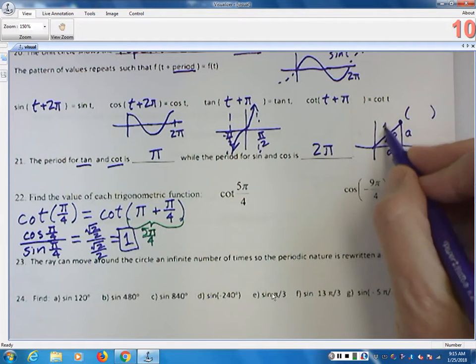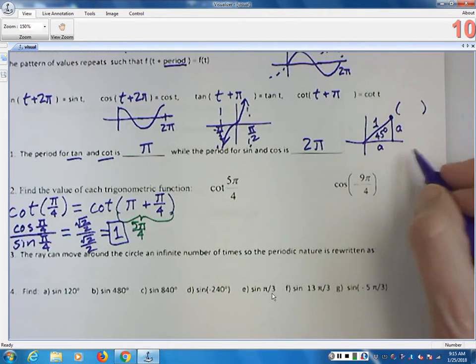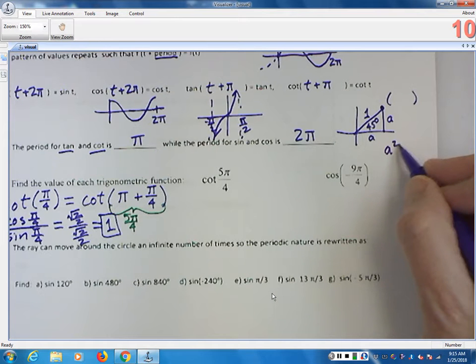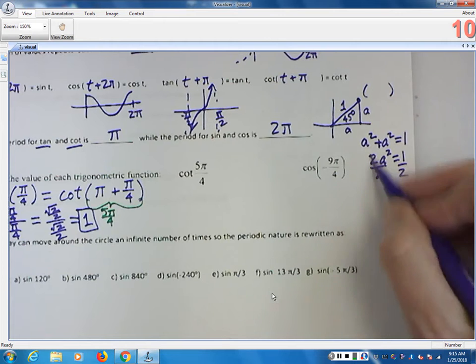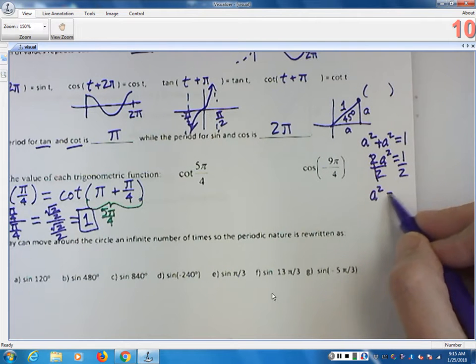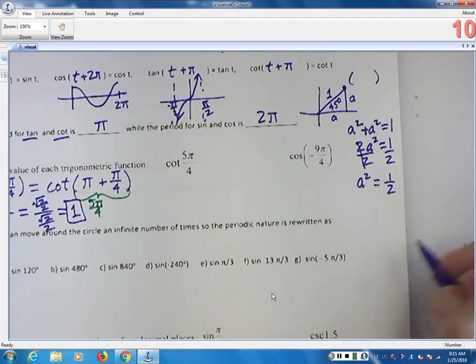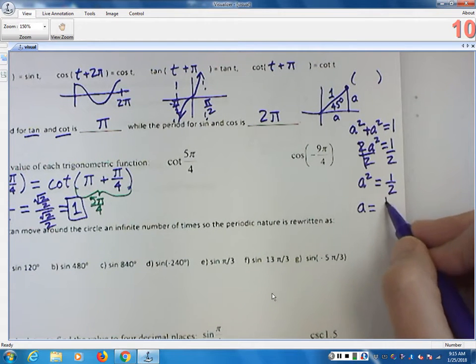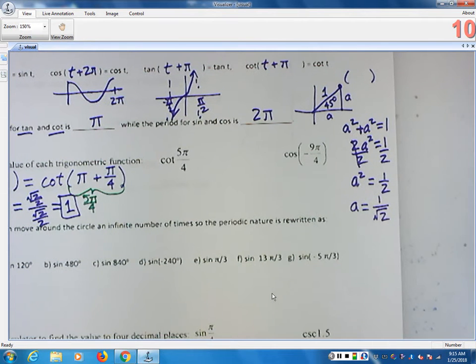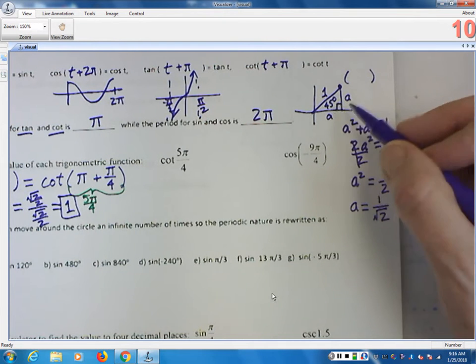Well, in the unit circle, that's 1. So that's where we went through a squared plus a squared equals 1. So that's 2a squared equals 1, and divide by 2. A squared is 1/2, and then we take the square root of both sides. So a is 1 over the square root of 2, and then we rationalize it, and we get the square root of 2 over 2. And that's how we found those using the Pythagorean theorem on the unit circle.